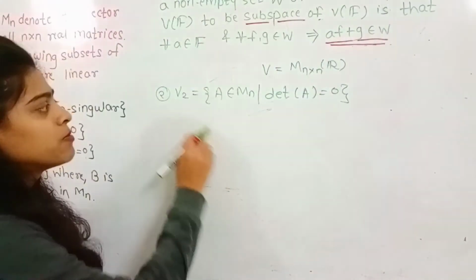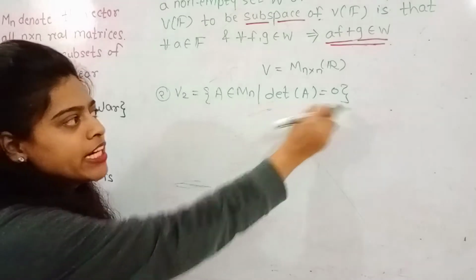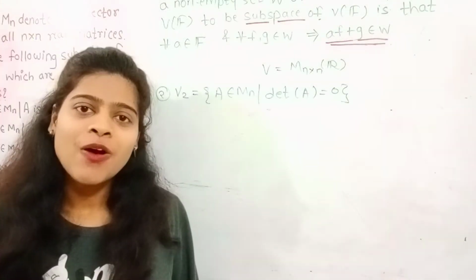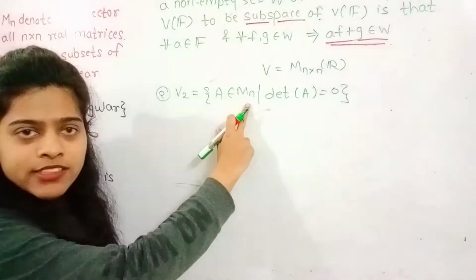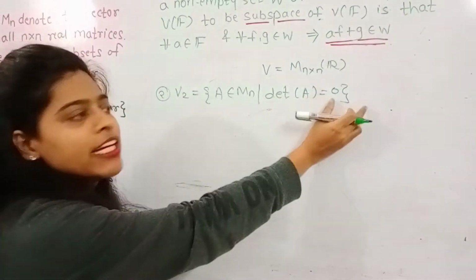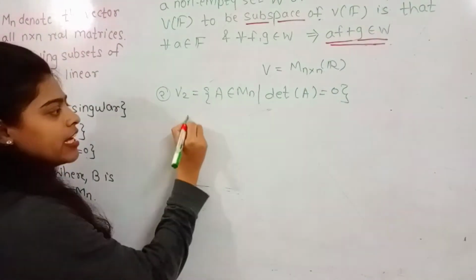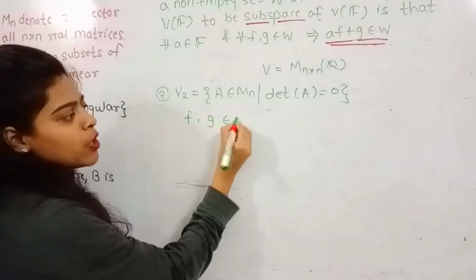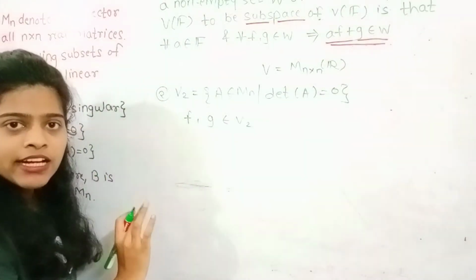Now we consider option 2, that is V2 is equal to the set of A belonging to Mn such that determinant A is equal to 0. Option 2 says select those matrices of order n cross n whose determinant is equal to 0. For that purpose, we are going to consider f, g belonging to V2 such that both are triangular matrices.